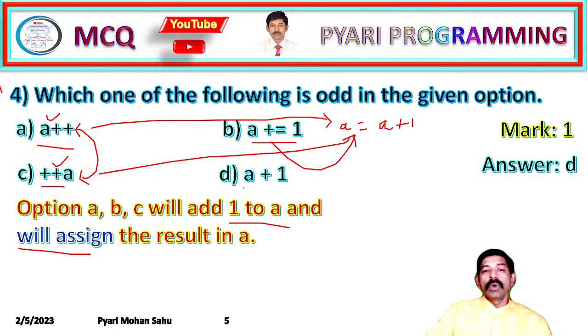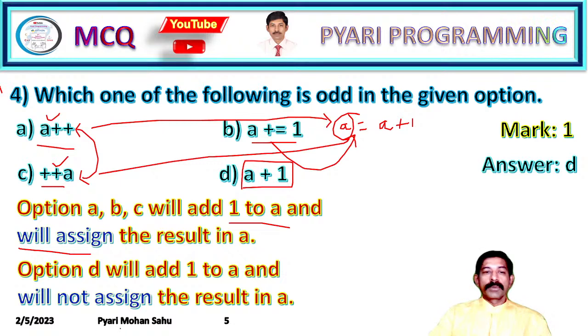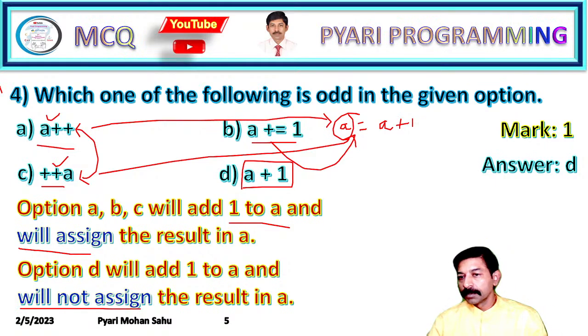But this one is only A plus 1. It is only adding 1 to A, but it is not updating A. Option D will add 1 to A, but will not assign it, will not update the value of the variable. Because of that reason, this option is your odd one out. Hope I'm clear to everyone. Those who have given option C, for them the explanation is given.